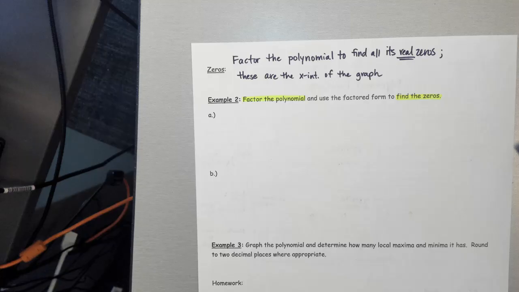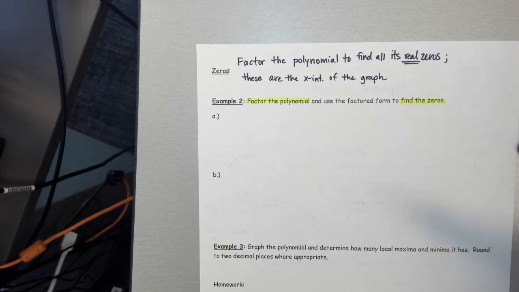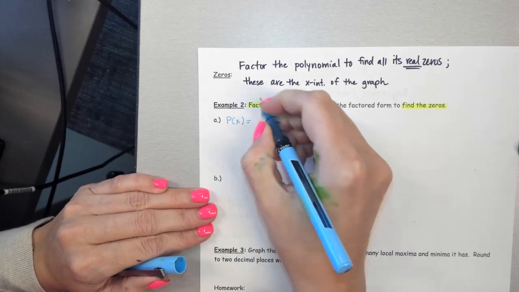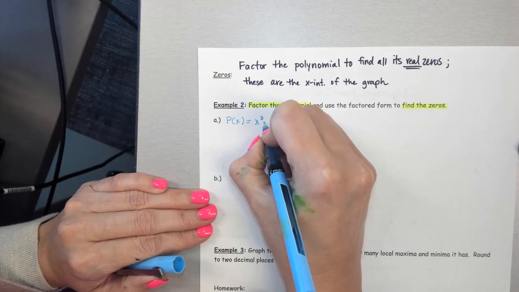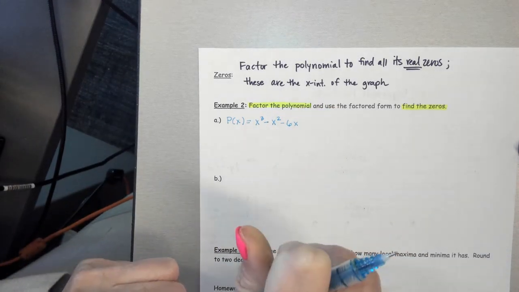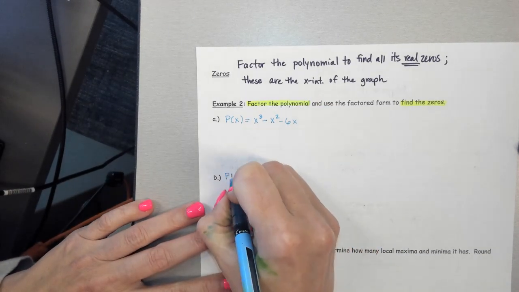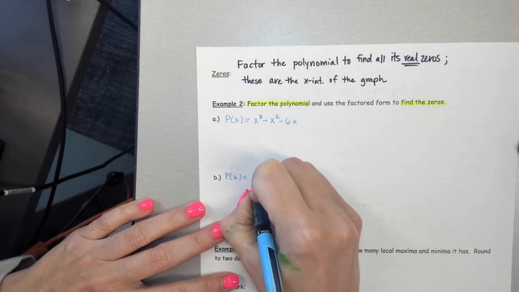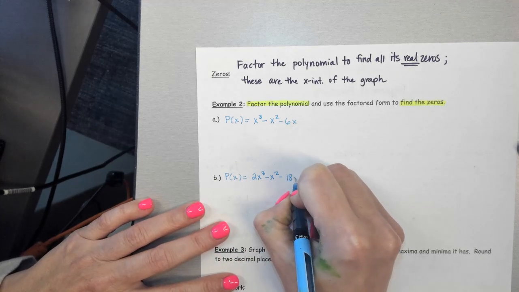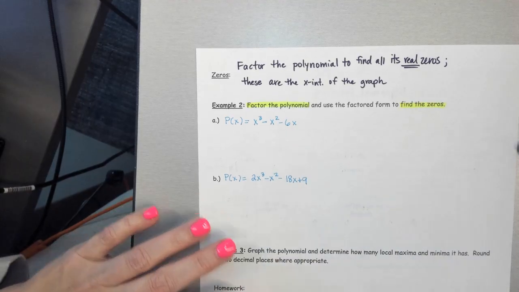We got this. Okay, so for part A, we have P of x equals x cubed minus x squared minus 6x. And for B, P of x equals 2x cubed minus x squared minus 18x plus 9.